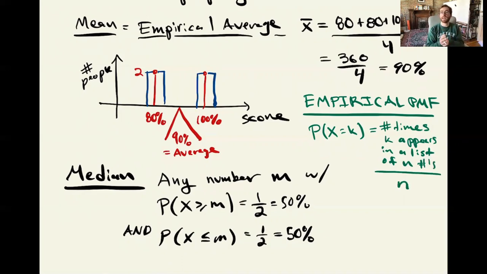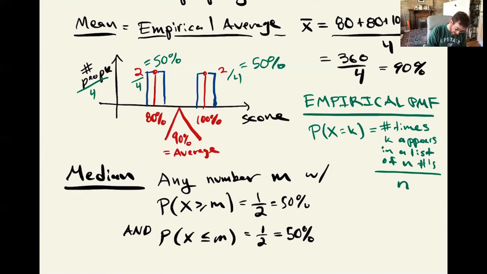So this is just to say that I can rescale this, and I could divide this by 4, 2 divided by 4, and this would also be 2 divided by 4. And so in this case, I could say that the probability of someone getting an 80% is actually 50% because half the people got 80%. What's the probability that somebody got a 100 on this test? Well, it's 50% because 2 out of the 4 people got 100%.